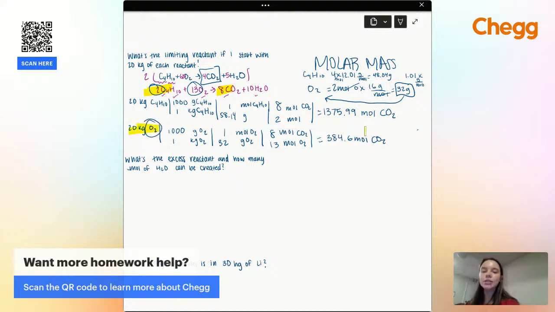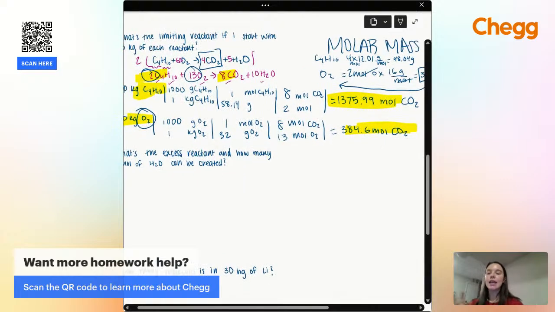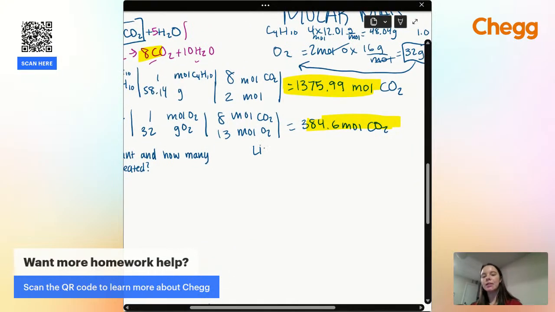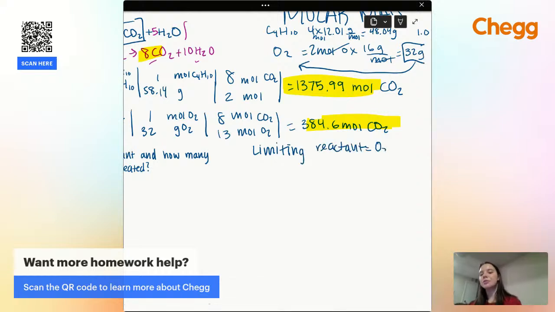That's because oxygen creates only 384.6 moles of CO2, while C4H10 creates 1,375.99. So that is our limiting reactant is O2. We'll write that just so we remember. Limiting reactant equals O2.